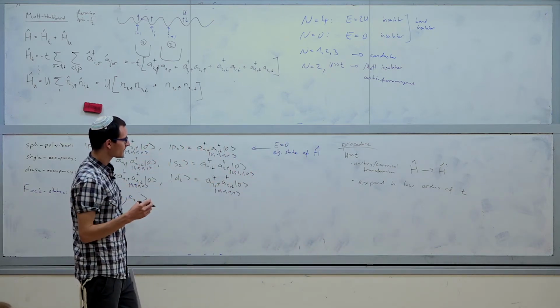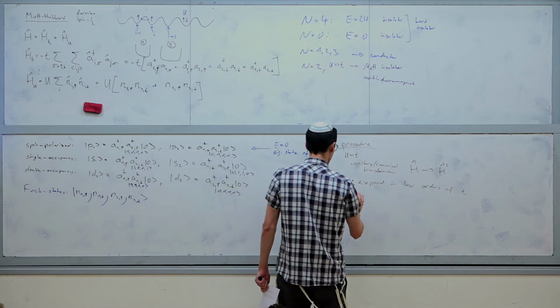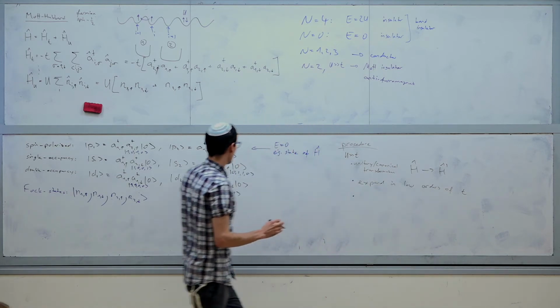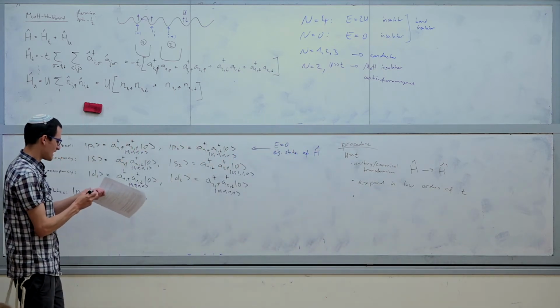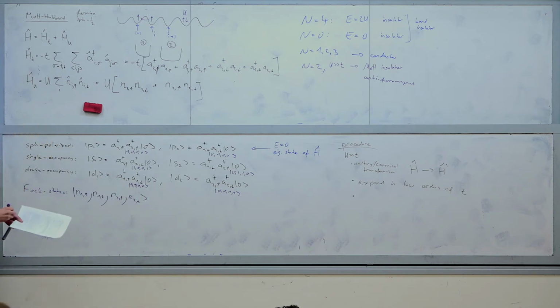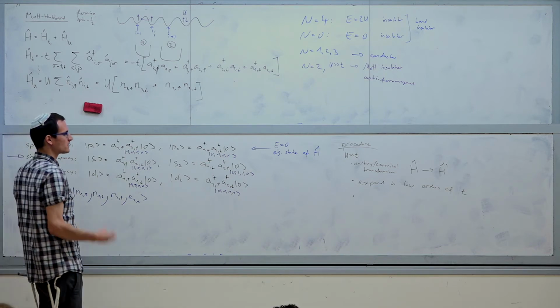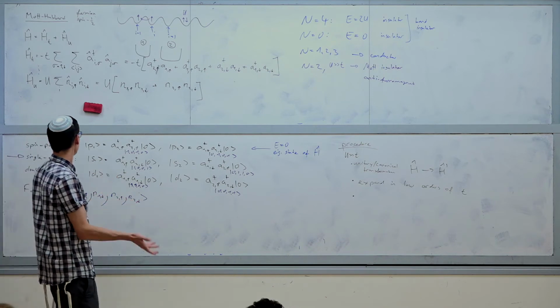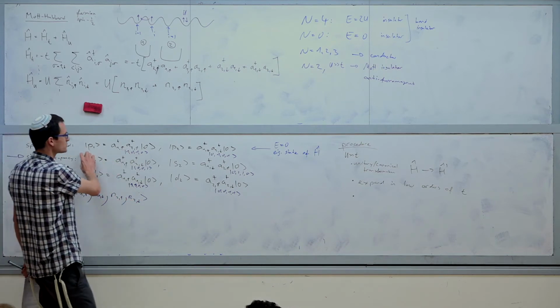But we'll get there. And then in the third step, because we anticipate that these single occupancy states will be the ones that are strong, or have a large contribution to the ground state, we're actually going to project the Hamiltonian into the subspace spanned by just these two vectors.